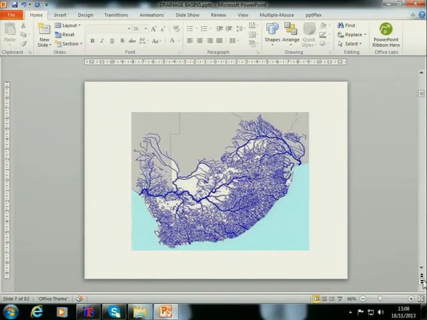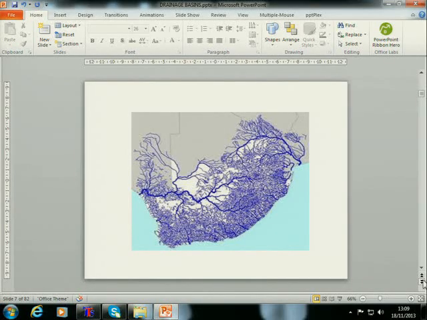Here we have a picture of all the drainage basins in South Africa. Clearly, you can see the Orange River there in the south. You can see the Limpopo River on the border between South Africa and Zimbabwe. And you can also see the Vaal River.